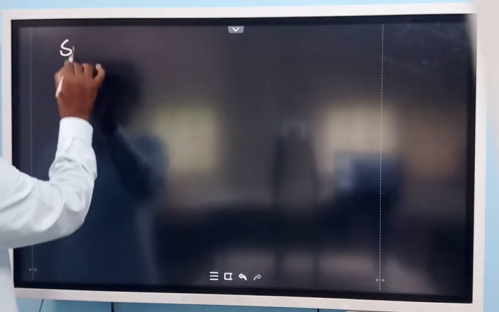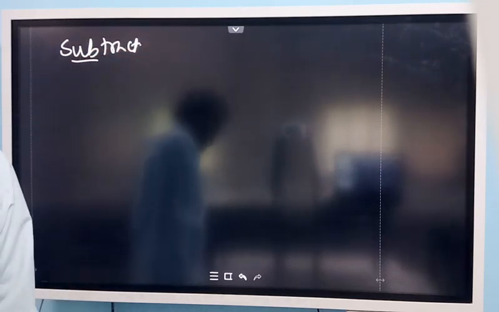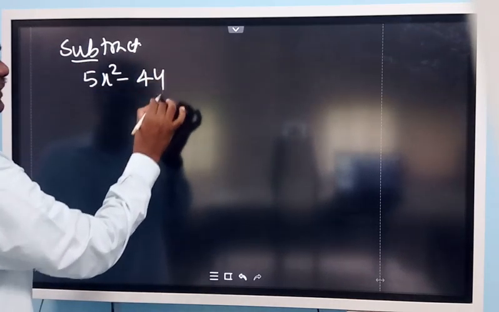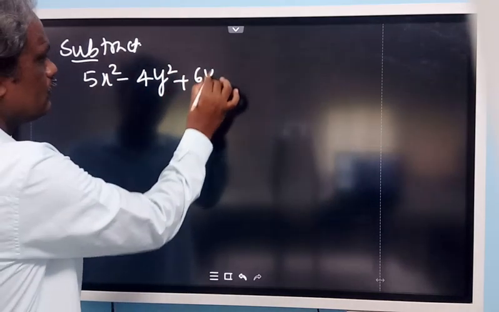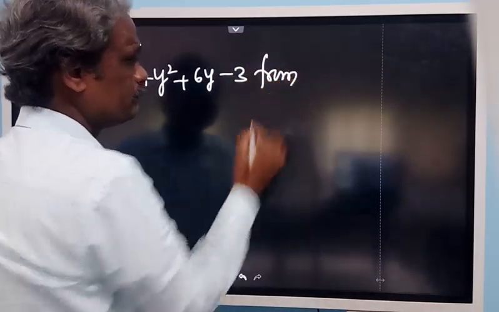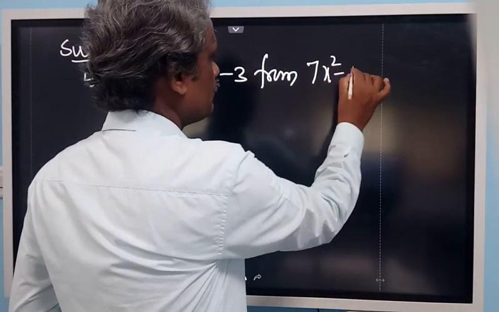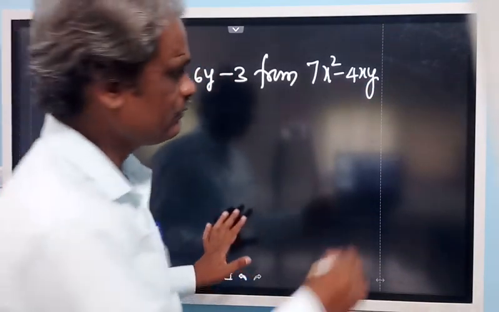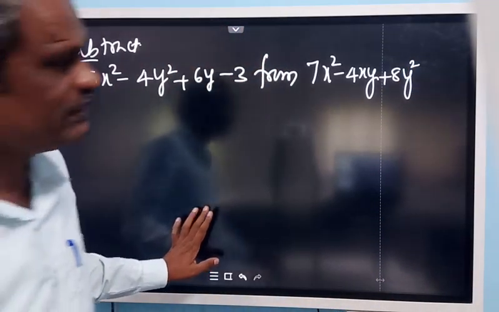Subtract 5x square minus 4y square plus 6y minus 3 from 7x square minus 4xy plus 8y square plus 5x minus 3y.